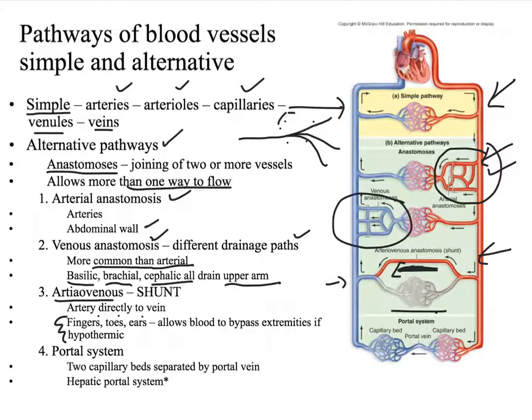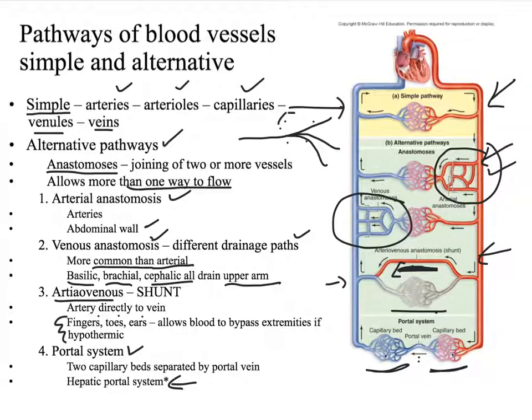Now the fourth one is a portal system. A portal system is 2 capillary beds that are connected by a vein. So it's a capillary bed, and then a vein, and then another capillary bed. The best example that we have of that is the hepatic portal system, which you will learn.